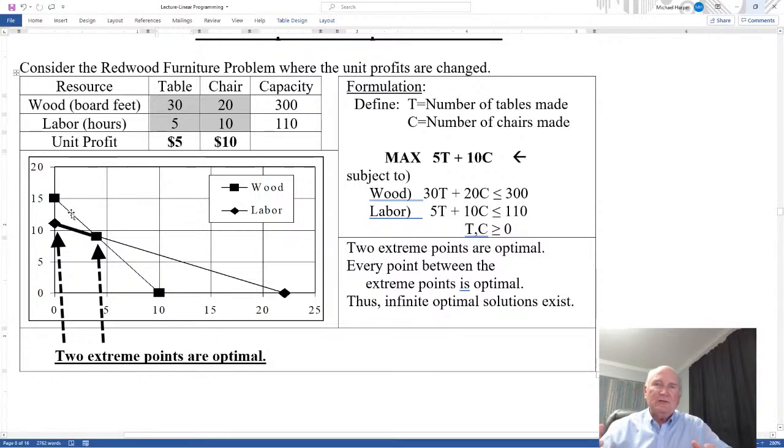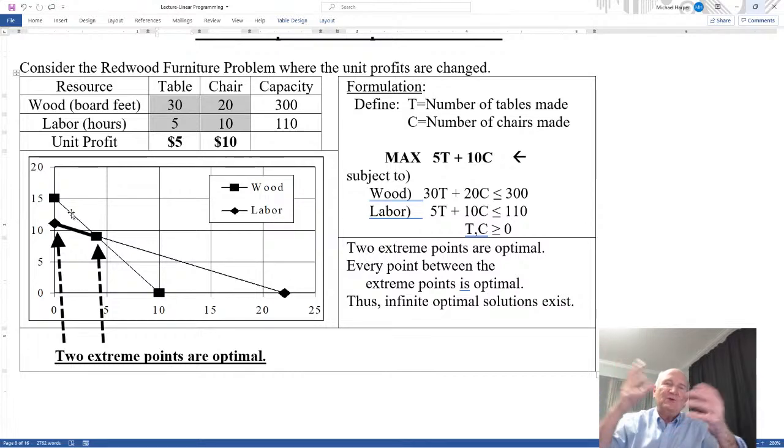Because if a manager has multiple ways of achieving optimality, then he has a lot of flexibility and a lot of robust solutions no matter what is thrown at him. Oh, this cost goes up? Well, I can absorb that and still maximize my profit. Oh, this resource was decreased? I can still absorb that.